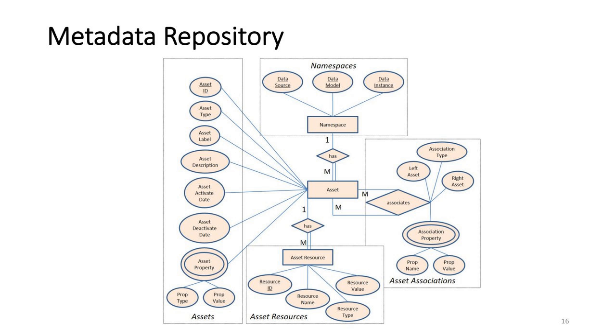And assets can also have resources, so we usually use the resources to store things like software modules and XML files and such data types. Assets can be associated to other assets. And so you see on the right side, there's a left asset and a right asset, and then there's a type.